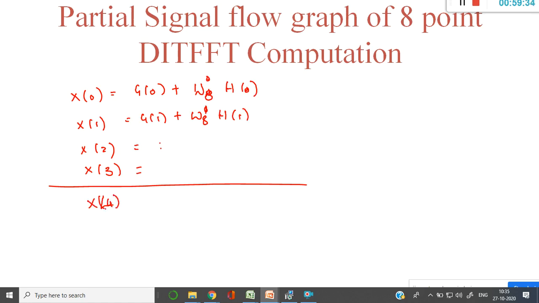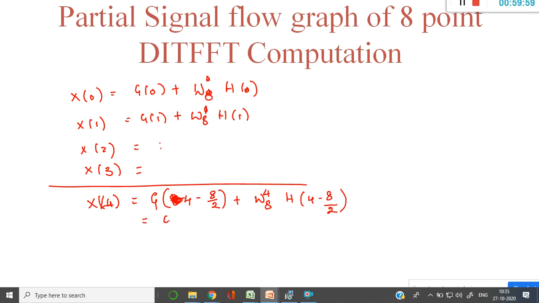X of 4 value is calculated as g of k minus n by 2, where k value is 4 here, so g of 4 minus 8 by 2 plus w8 to the power of 4 h of 4 minus 8 by 2, right?